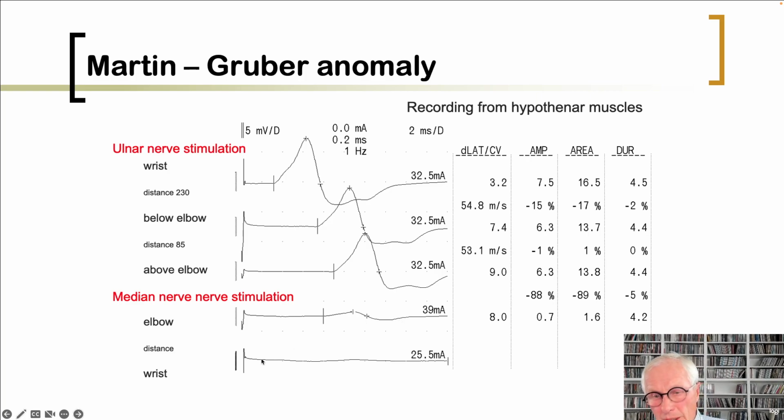And when we stimulate the median nerve at the wrist, we don't get a response anymore. So we know the axons have disappeared somewhere on the way, and they came to the ulnar nerve, so we can add the 0.7 to the 6.3, and that covers the change in the amplitude in the forearm here.